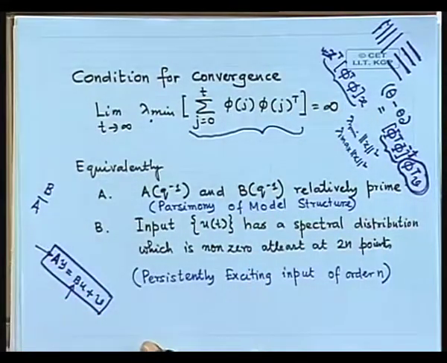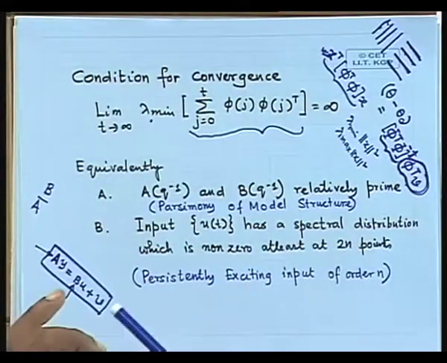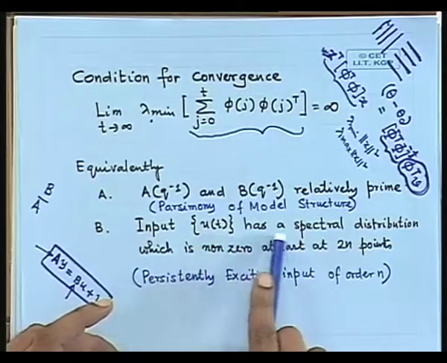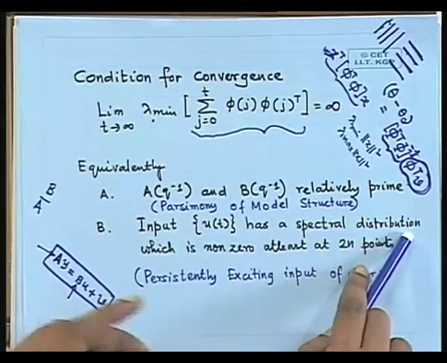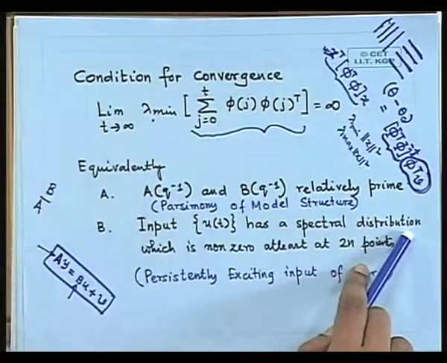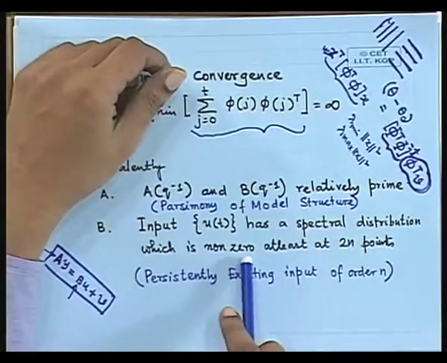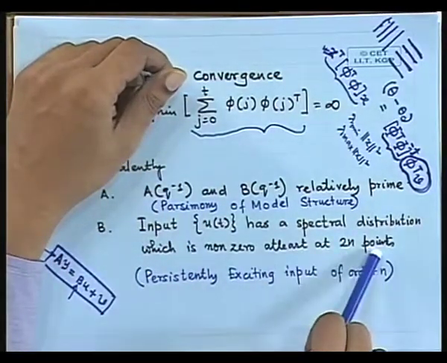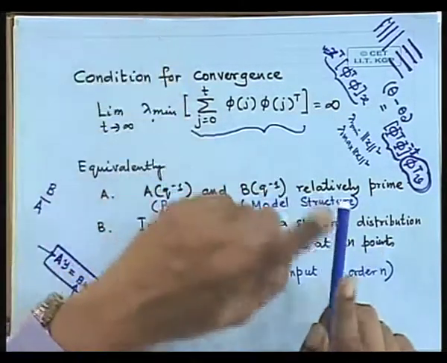So the frequency domain condition says that the input has a spectral distribution, that is if you take its spectrum, it should be non-zero in at least 2n number of points. What does it mean? In its two-sided spectrum.